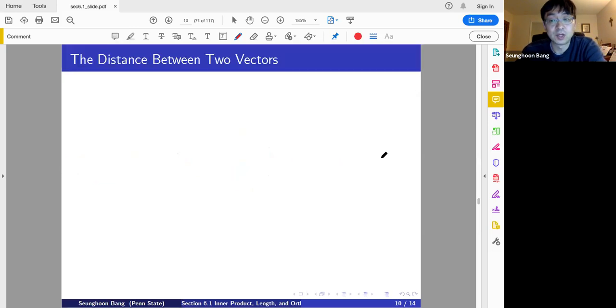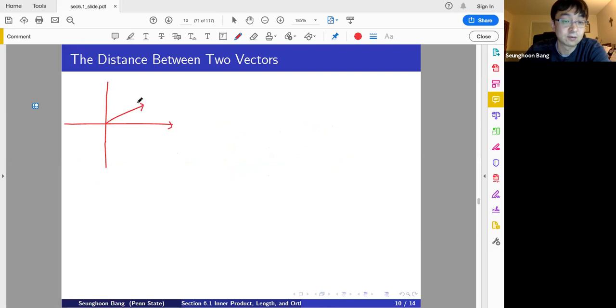The distance between two vectors. How can you find the distance between two vectors? We can use this idea. So we have two vectors, this is like a geometric thing. Here we have vector u and vector v. How can you find the distance between two vectors, this length?